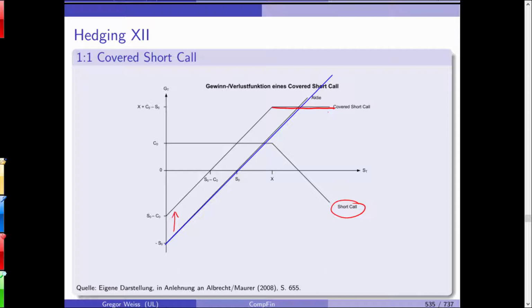So this is how a covered short call works. We are moving upwards, and here, this is the cost we have to pay. Because those are potential profits, and these are potential losses we're hedging against. This is a covered short call.